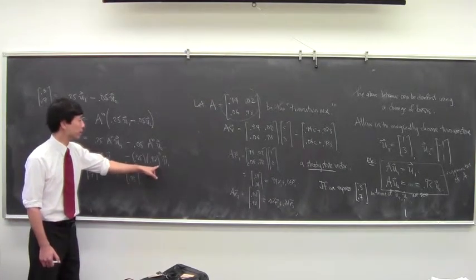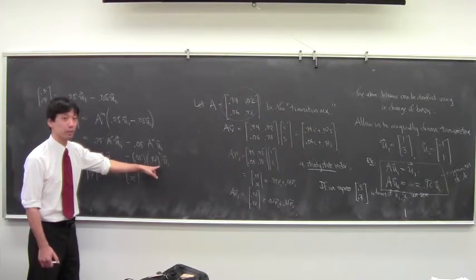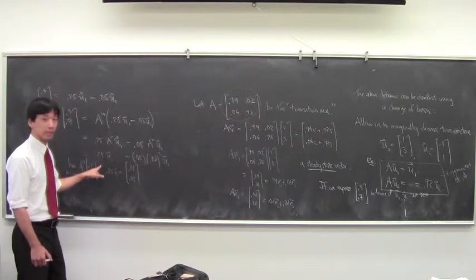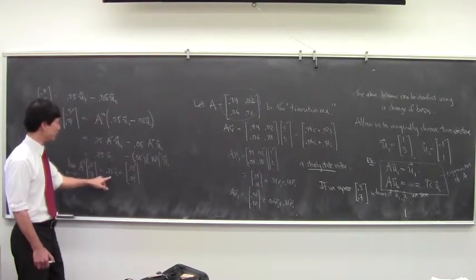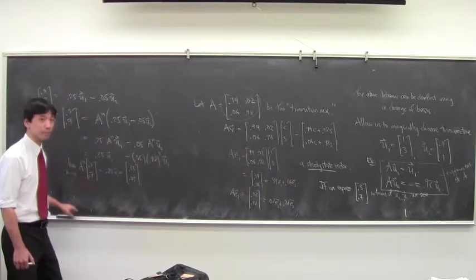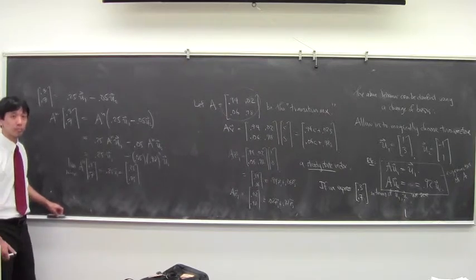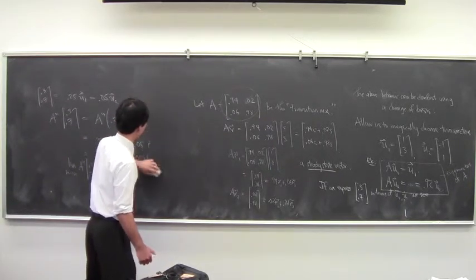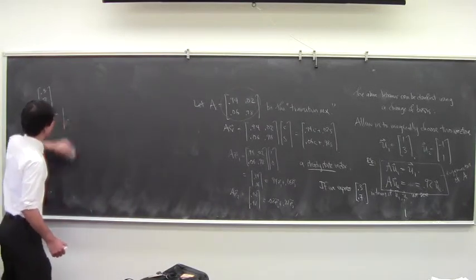This thing, on the other hand, will go to 0, because 0.92 to the n goes to 0. And so you end up with just this thing staying there. So the limit of this is going to be 0.25 times u1.